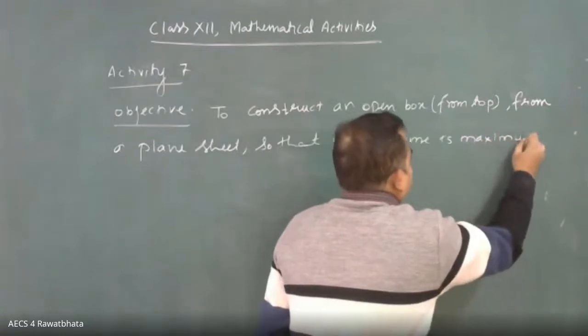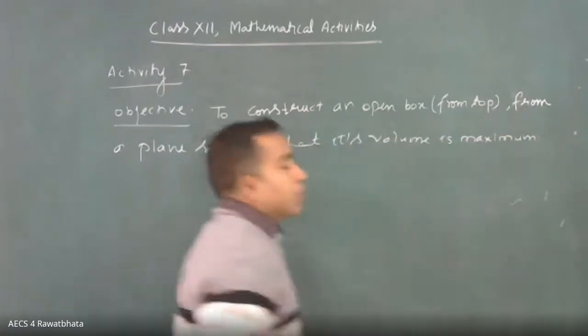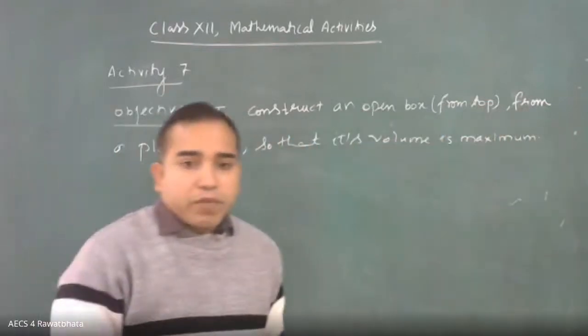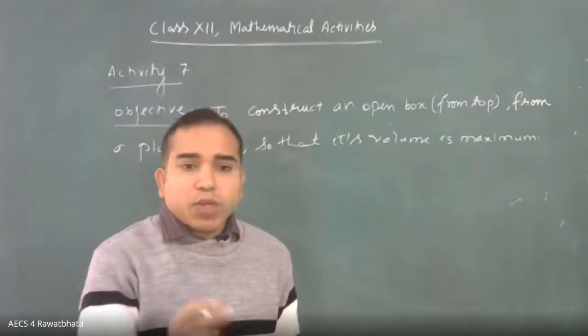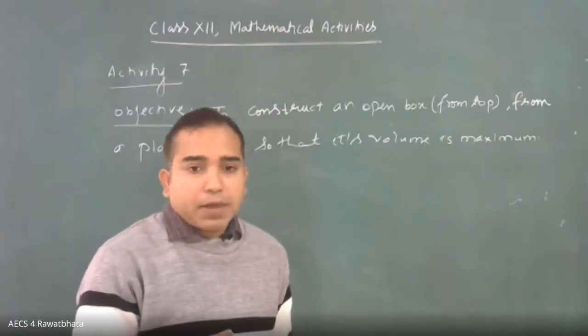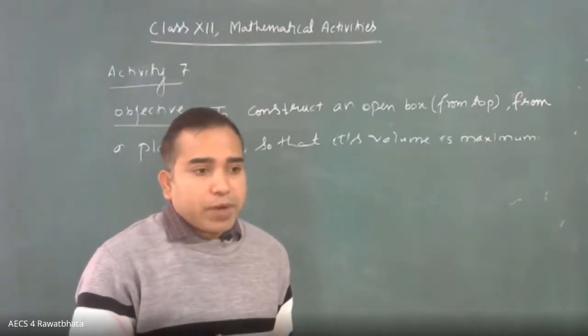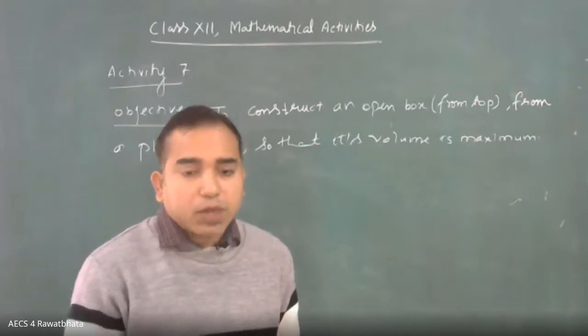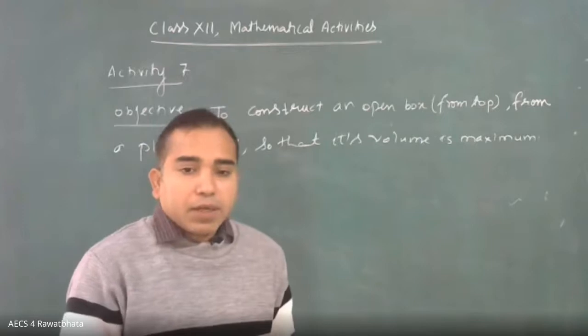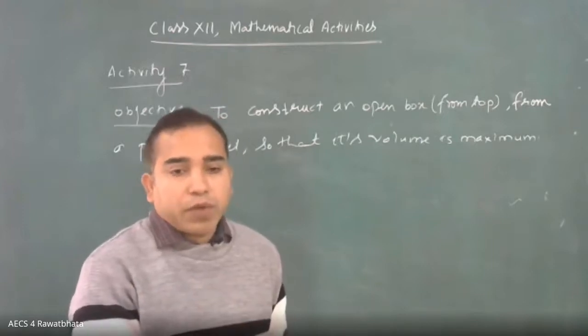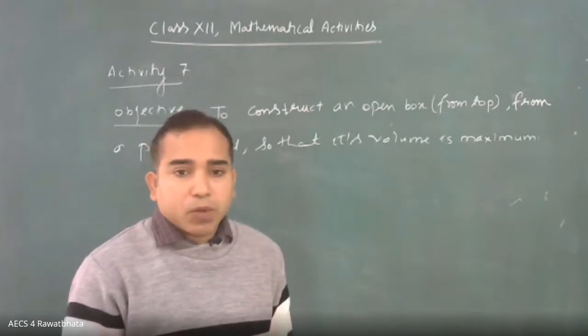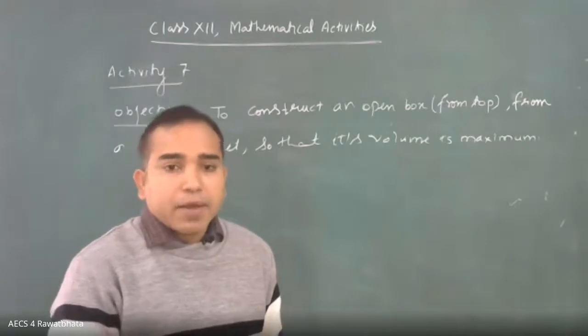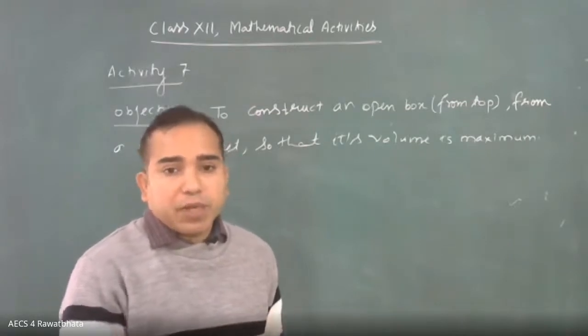This activity is to be done. We will assume the corner side x, and the volume of the cuboid is length into breadth into height. We will put different values of x and try to find for what particular value of x the volume is maximum. We will verify it from derivatives also.